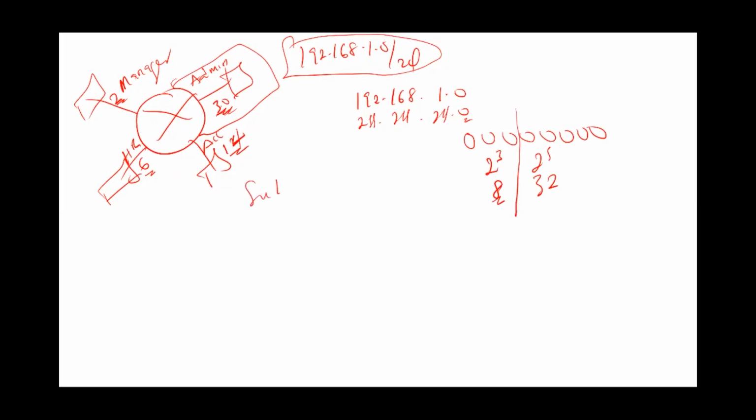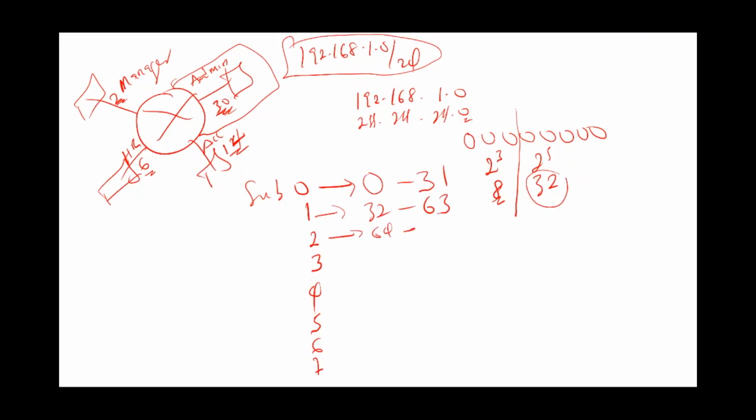Subnet 0, subnet 1, subnet 2, subnet 3, subnet 4, subnet 5, subnet 6, subnet 7. So for subnet 0, since there are 32 addresses per subnet, the range of the address will be 0 to 31. Don't forget that. The next one will be 32 to 63. The next one will be 64 to 95.